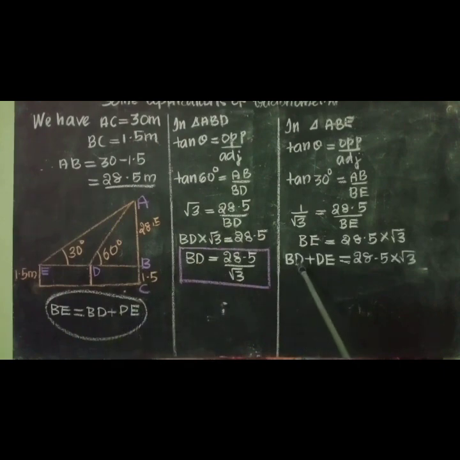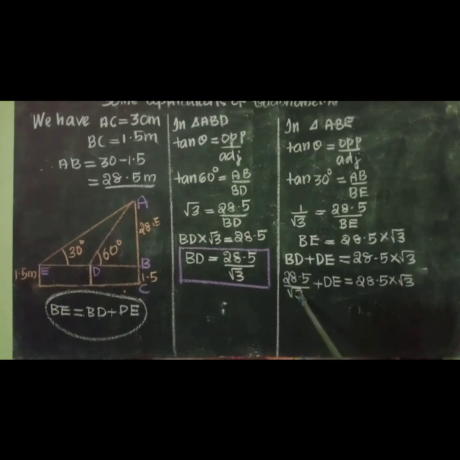So we get BD plus DE equal to 28.5 into root 3. Now we know what is the value of this BD. Here we have written BD equal to 28.5 by root 3. Let us write it here. So we get 28.5 by root 3 plus DE equal to 28.5 into root 3.